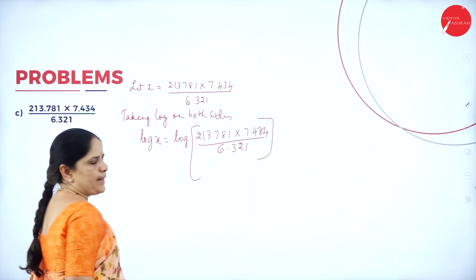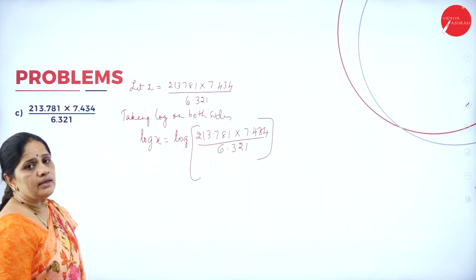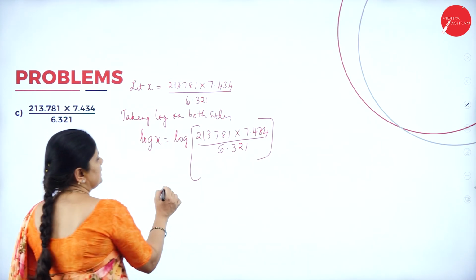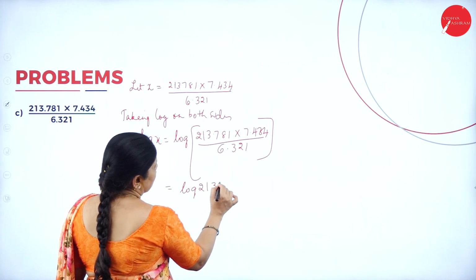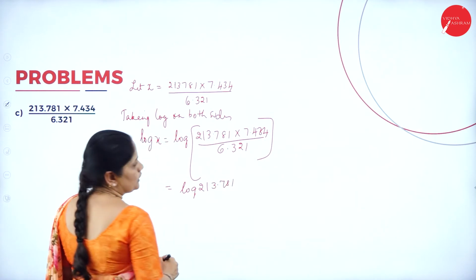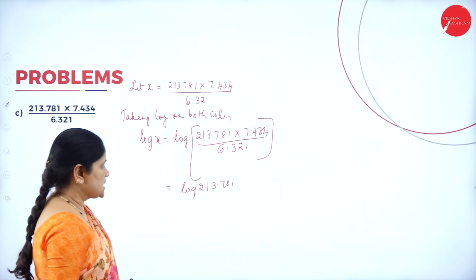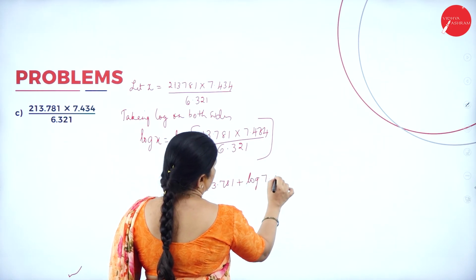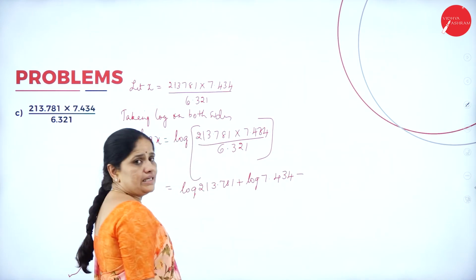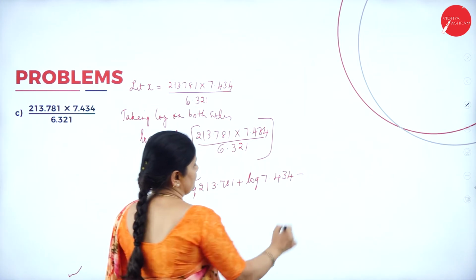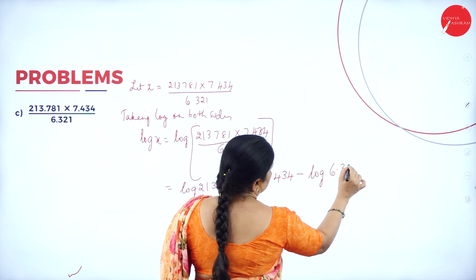Now when I take the log, I can rewrite this as log of 213.781 plus log of 7.434 minus log of 6.321.